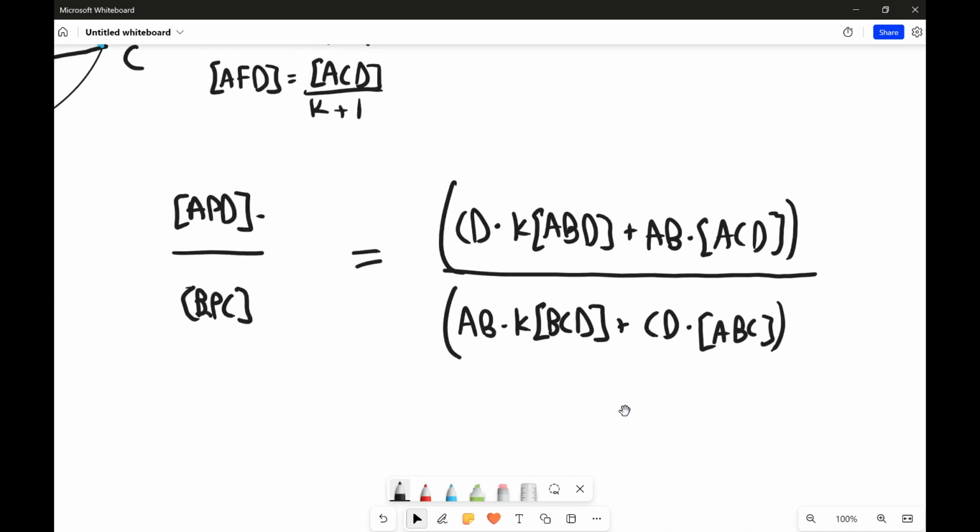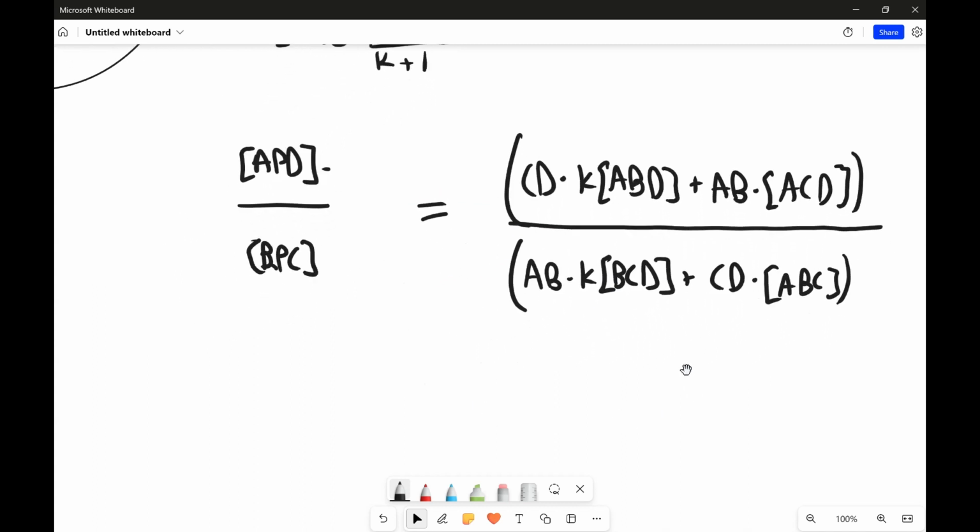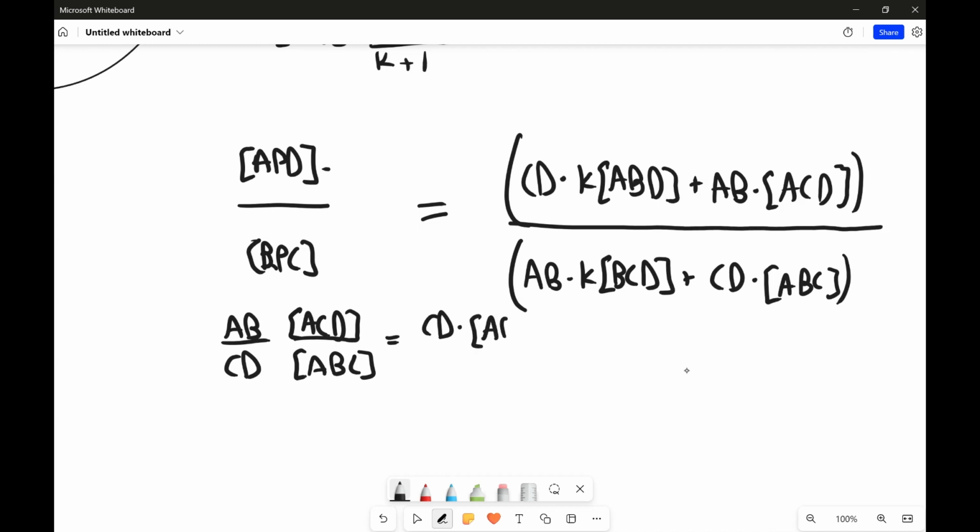So from what we know about ratios, this is equivalent to showing that AB over CD times ACD over ABC is equal to CD times ABD over AB times BCD.